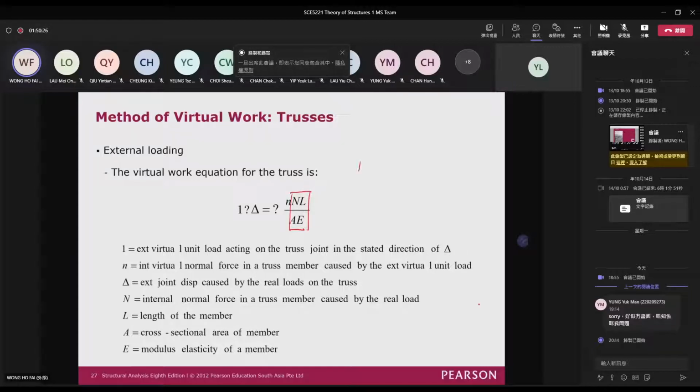As you remember, our virtual work method is 1 times the delta, which is equal to the summation of U times DL. DL is the deformation of each of the members, while U is the member force by virtual force.